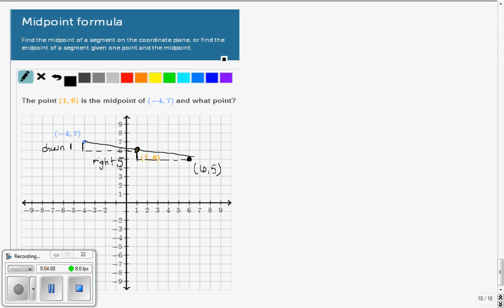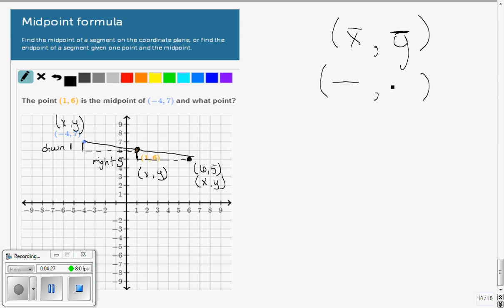But how could I do this using my algebra? Well, we know that our midpoint is our average x and our average y, and that every point has an x and a y value. When we are finding the midpoint, given the two endpoints, we take the x's from the endpoints and add them together.